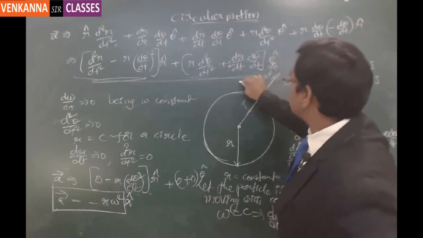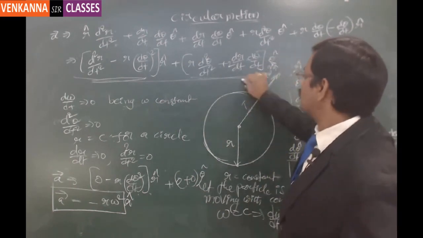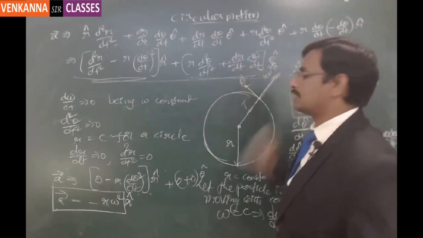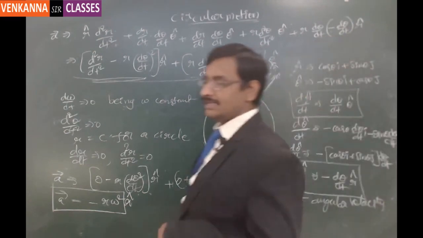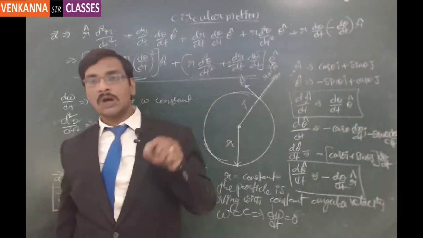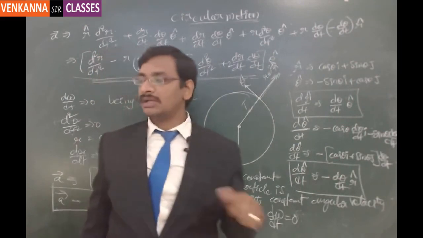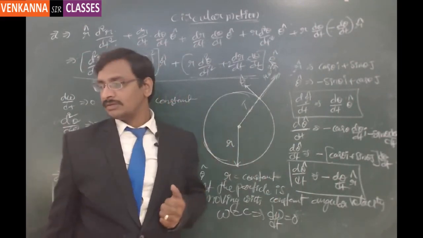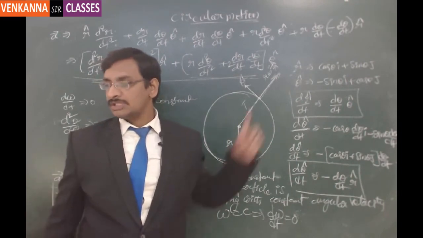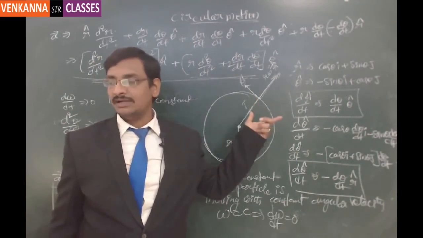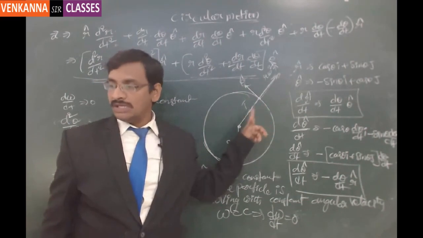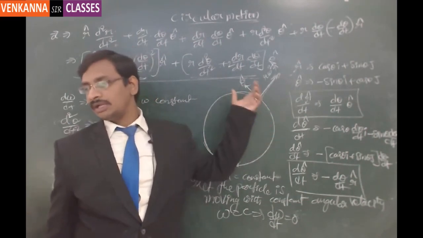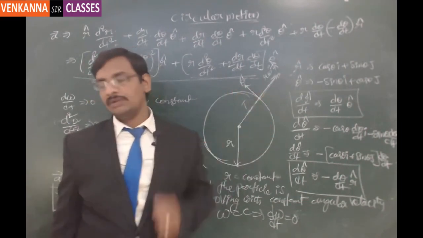Another is the transverse component, that is the theta cap direction. Got it? The velocity will decide. As long as it is a constant angular velocity, only then can you think of the acceleration always being towards the center. So the velocity magnitude will decide whether it has only centripetal acceleration or other components as well.